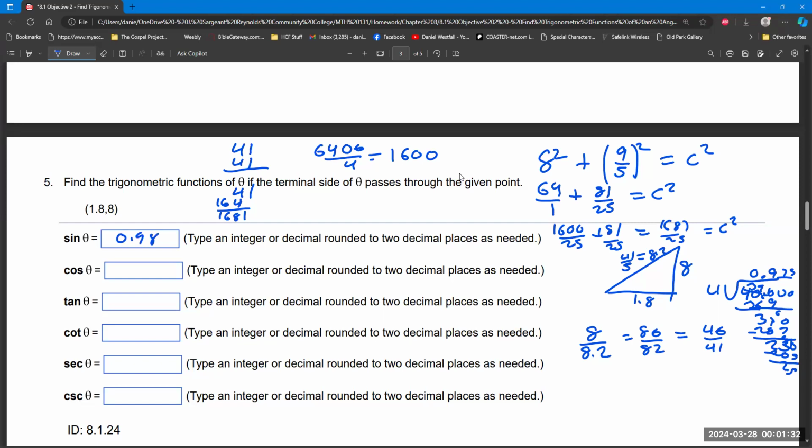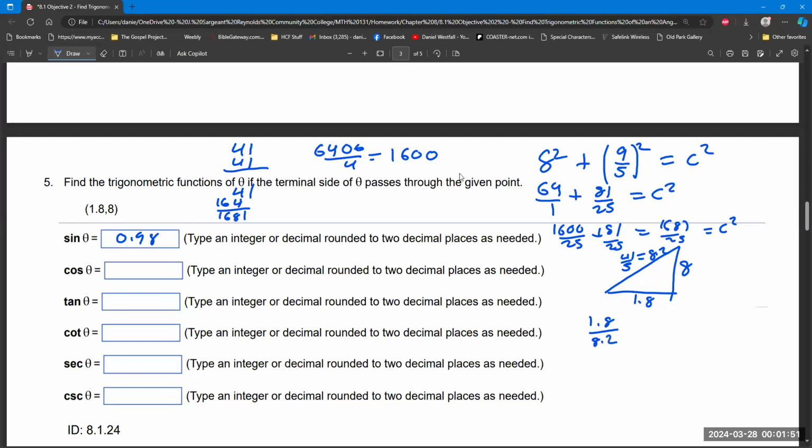And then cosine is going to be 1.8 over 8.2, which is 18 over 82, 9 over 41.